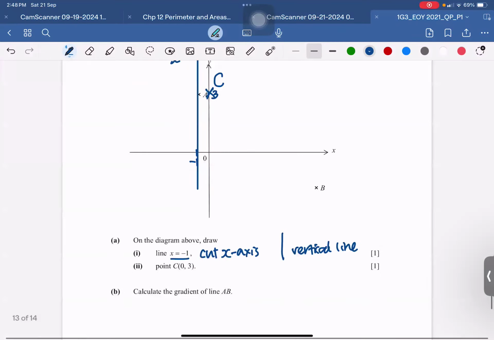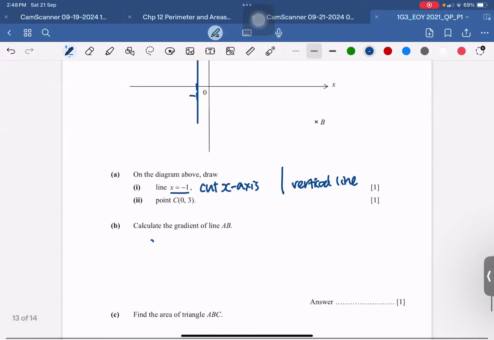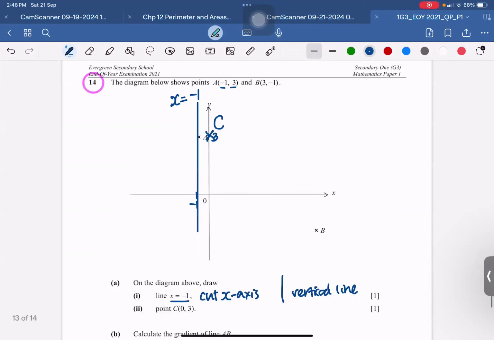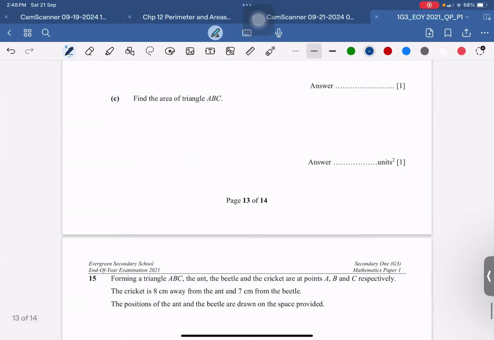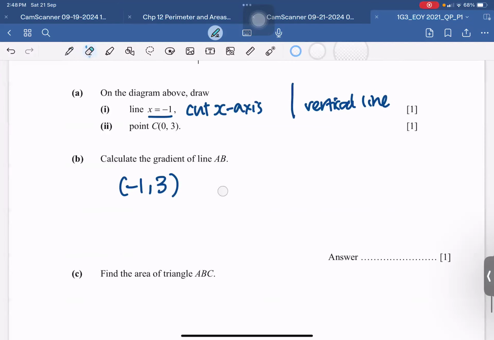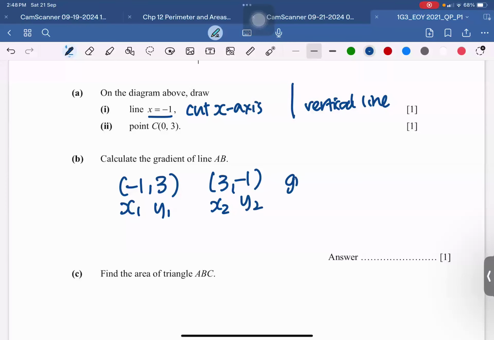Then now find the gradient of AB. So for the gradient of AB, A is negative 1, 3. B is 3, negative 1. Then we have x1, y1, x2, y2. Can anyone remember the formula for the gradient?